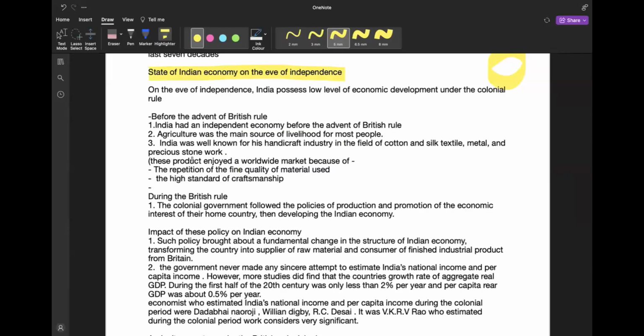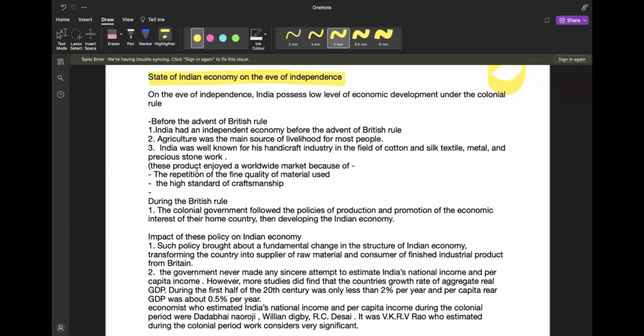India was very famous for its handicraft industries. It was worldwide. Everybody was loving India's handicraft because of the quality which India was giving, the high standard of craftsmanship, and the designs were so unique that everybody in the world was impressed and praising India, right? Clear?